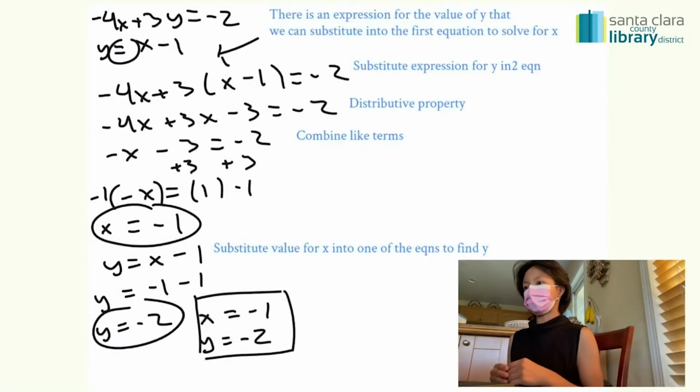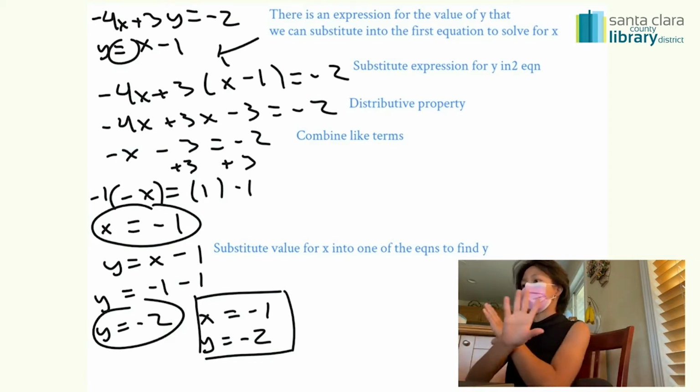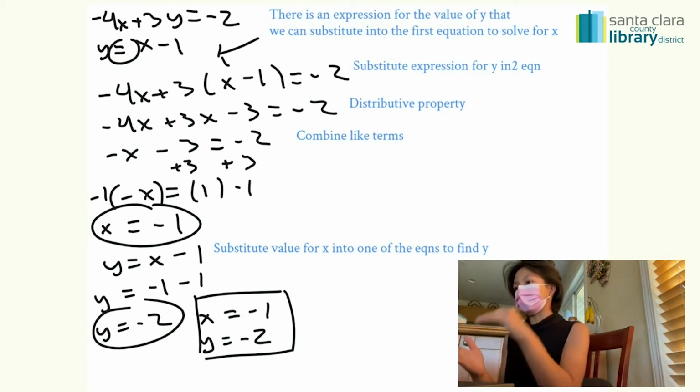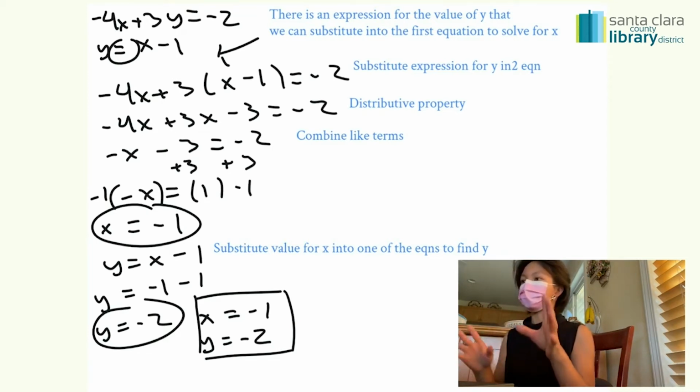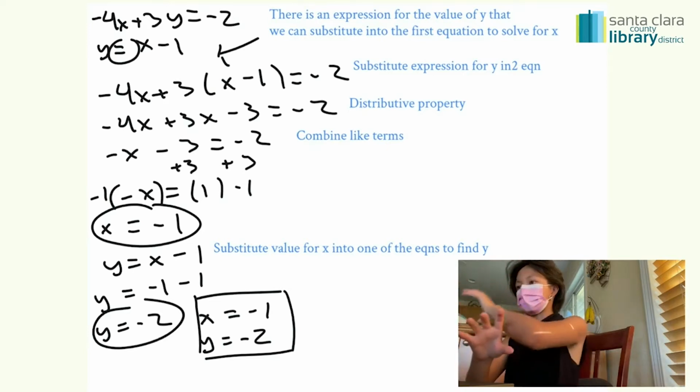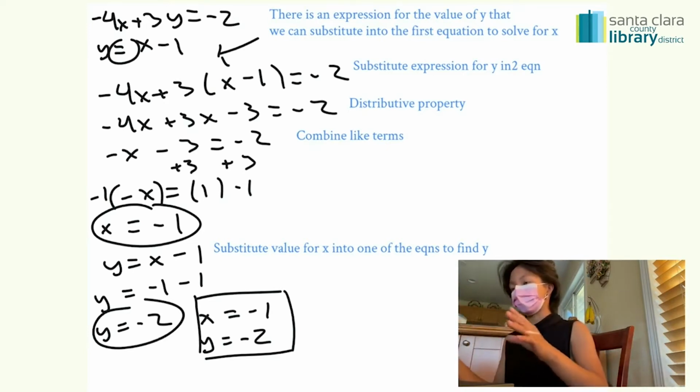Now we will be using the substitution method. We have the system of equations negative 4x plus 3y equals negative 2, and y equals x minus 1. You see here, there's an expression that equals the variable y. And so we can plug that expression into the other equation to solve for the other variable.